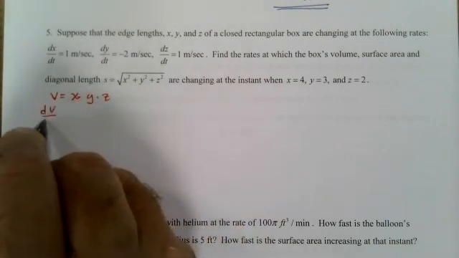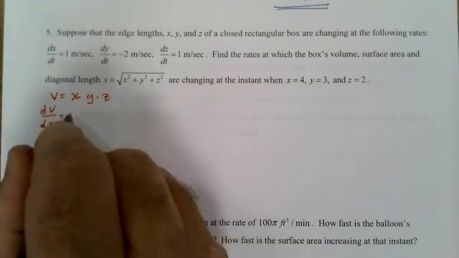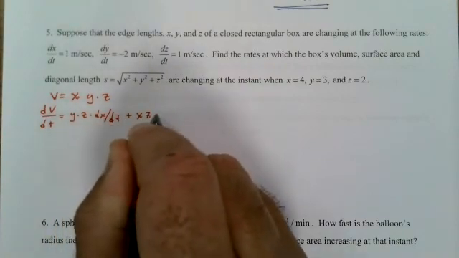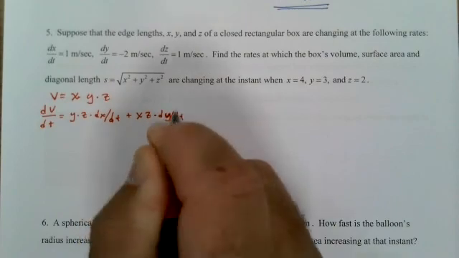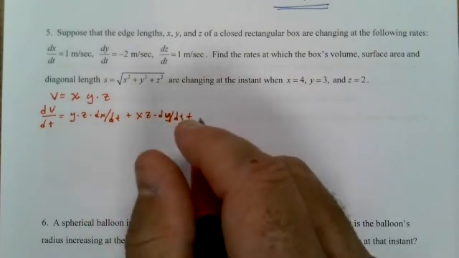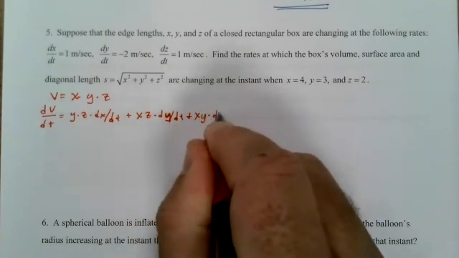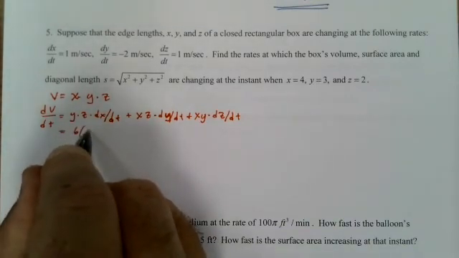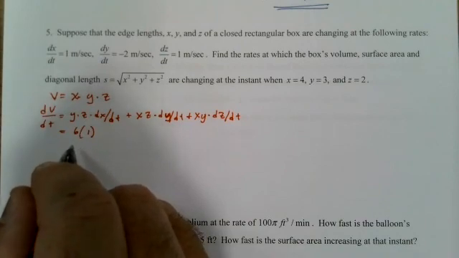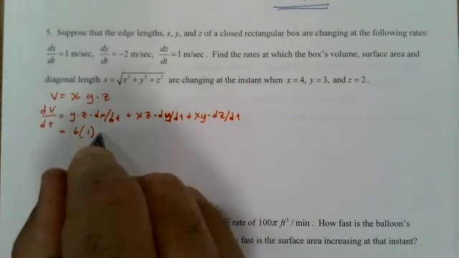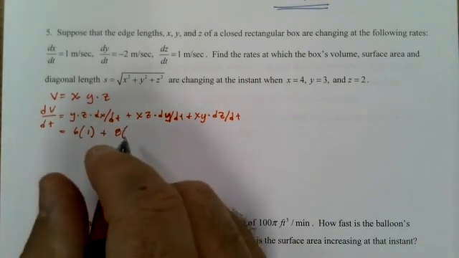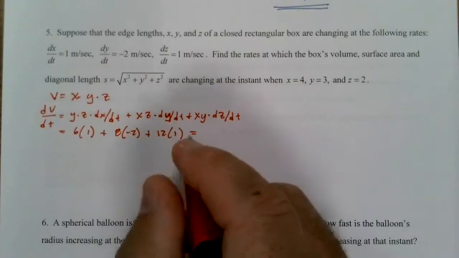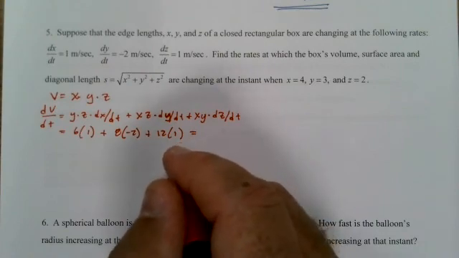So just like we did before, dV/dt equals yz times dx/dt plus xz times dy/dt plus xy times dz/dt, which equals 6 times 1, yeah, I'm just blasting this out, plus 8 times -2 plus 12 times 1, which equals, and this is cubic meters per second.